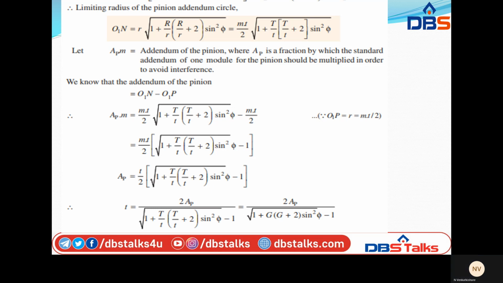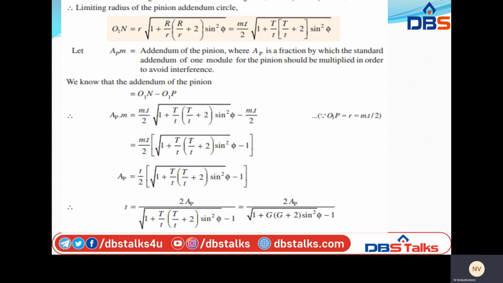what is the previous formula? m t by 2 into square root of 1 plus capital T by small t into capital T by small t plus 2 into sine square phi. But what is the addendum of the pinion? The addendum of the pinion is a p m, but from the diagram, the addendum is O1N minus O1P.